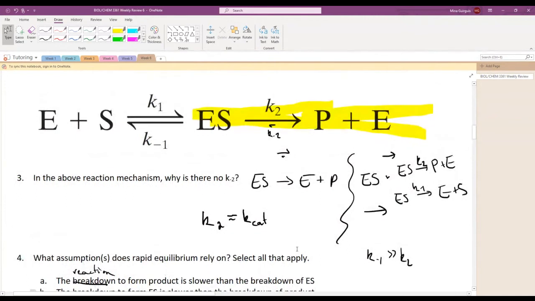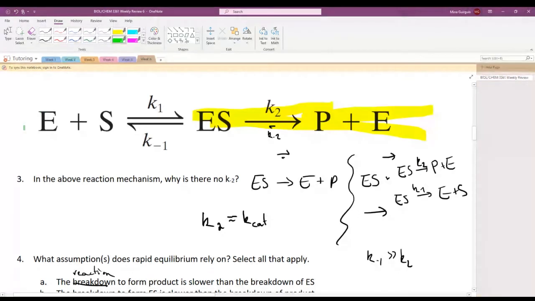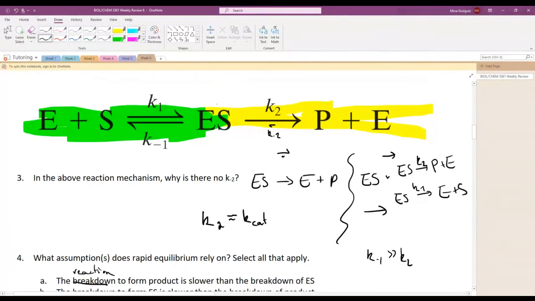So when I have my enzyme substrate complex, it has those two choices. If K-1 is significantly greater than K2, then the first half of my reaction, the part that I'm highlighting in green here, is going to happen very, very quickly. And then every so often, relative to this reaction, it's still fairly fast in terms of number of molecules being made.